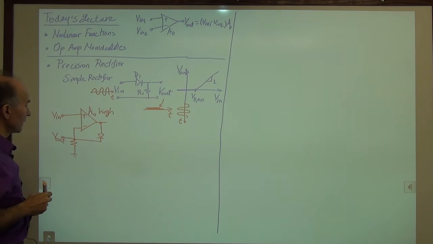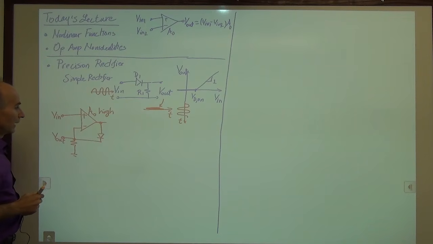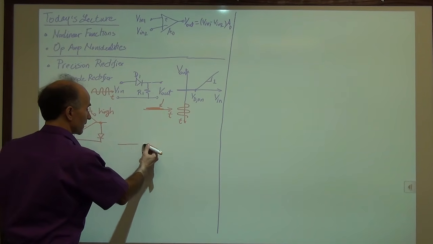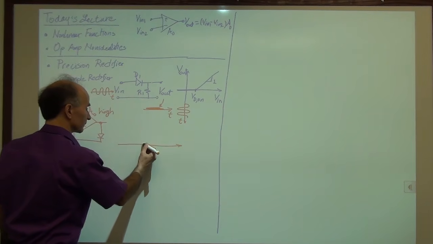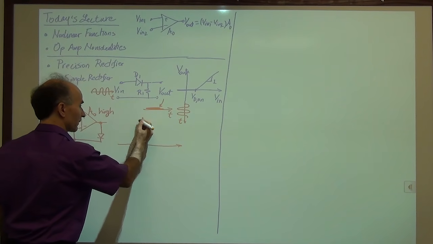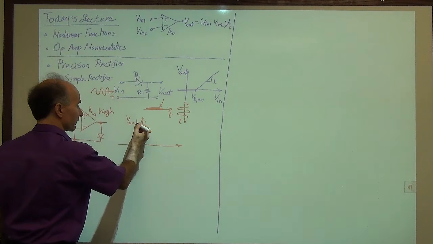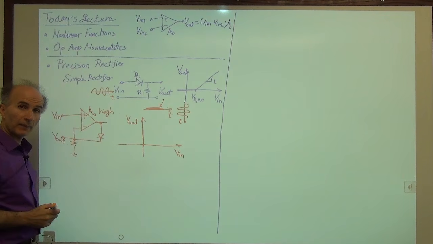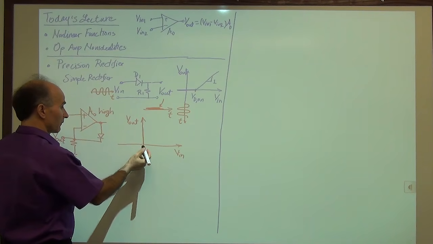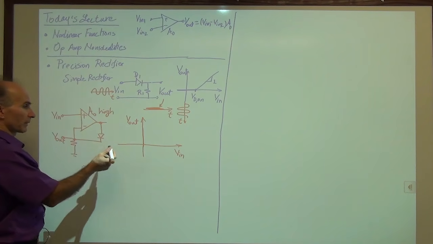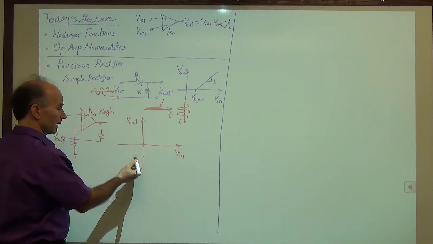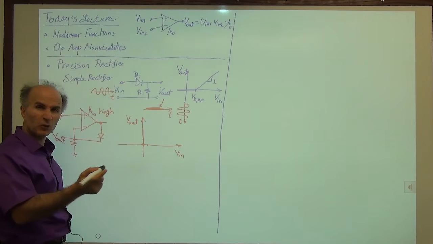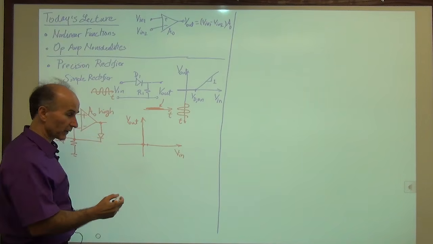All right, so let's see how that happens. Let's suppose that V in is around 0. So I'm plotting V out as a function of V in. And I'm thinking the following. If V in is 0, well, the output is probably 0, so that's fine. But what if the input is, let's say, just a few millivolts, 2 millivolts, 5 millivolts, right?